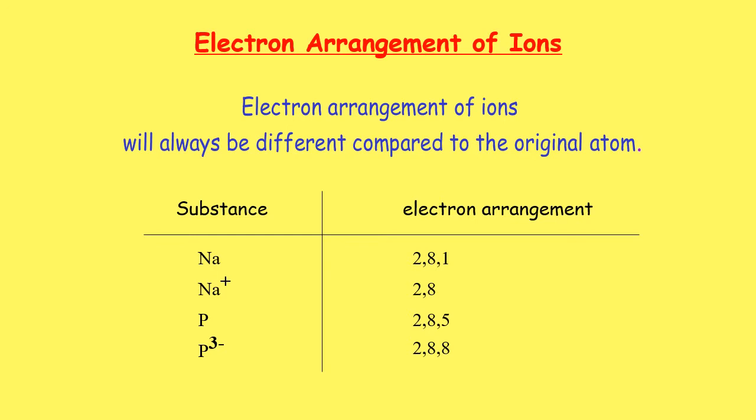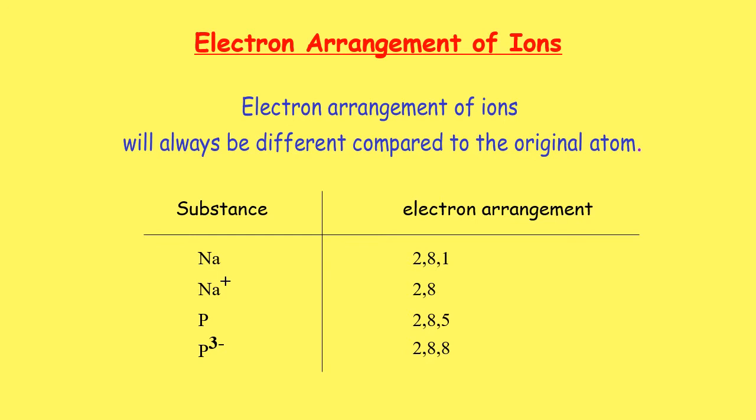If you look at the electron arrangements of the sodium ion and the phosphorus ion, you can see that they both end in 8. And that represents a full outer shell of electrons. And this tends to happen.